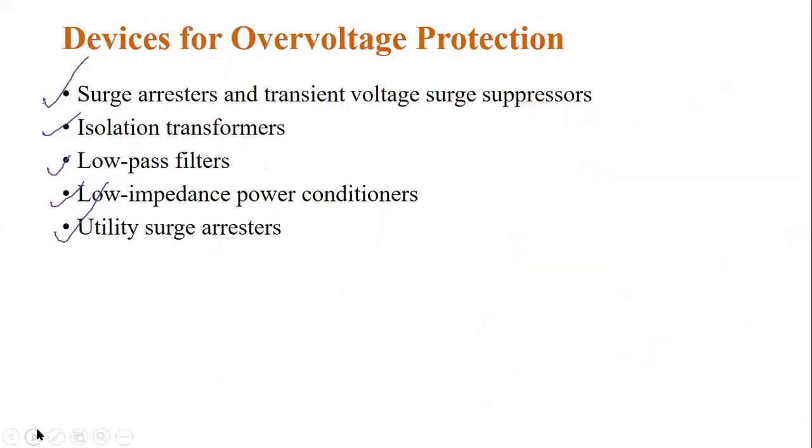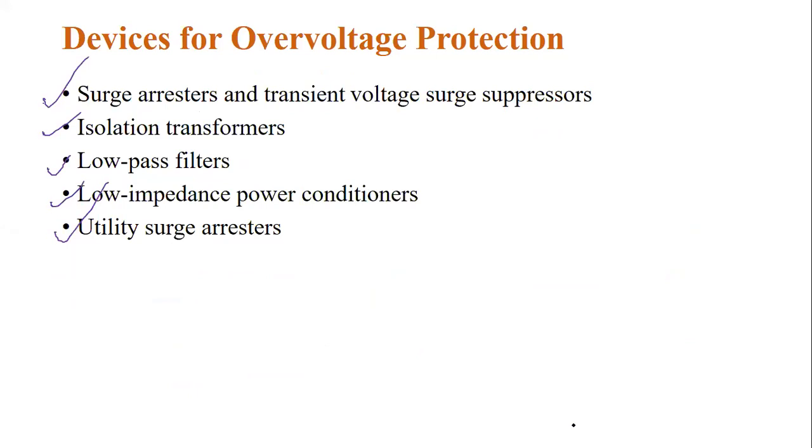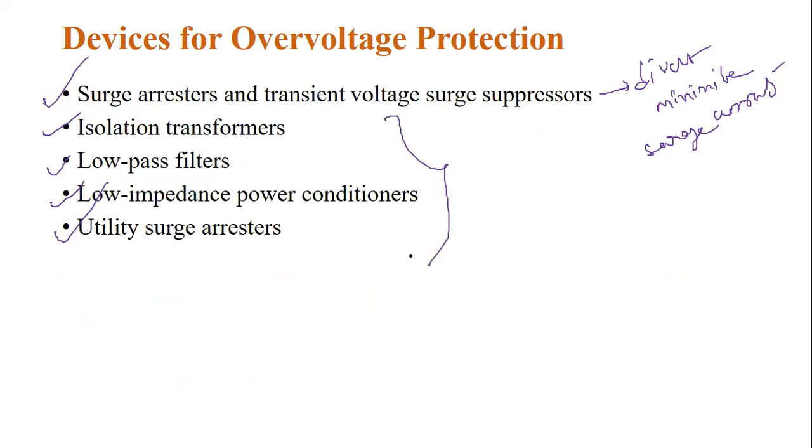Now you can see the different types of devices for overvoltage protection. Remember, this is the one device, and these are the devices only to divert or minimize such currents. All the remaining ones we can eliminate.